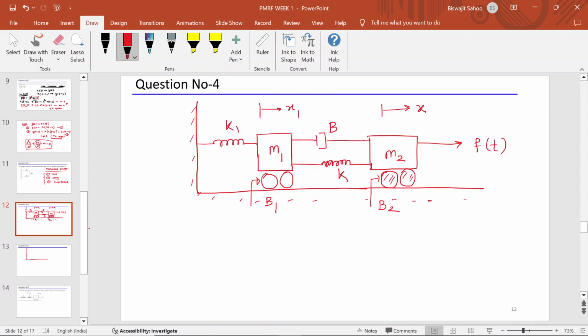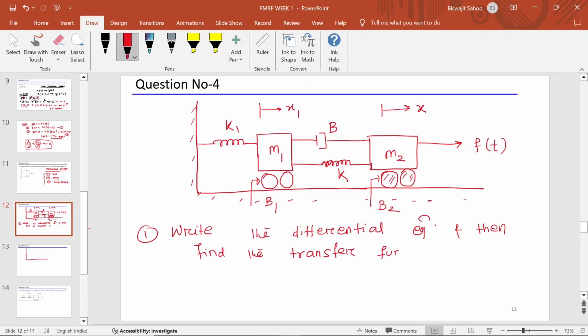Now, I'm asking you what to find out. First, you have to write the differential equation, and then find the transfer function.